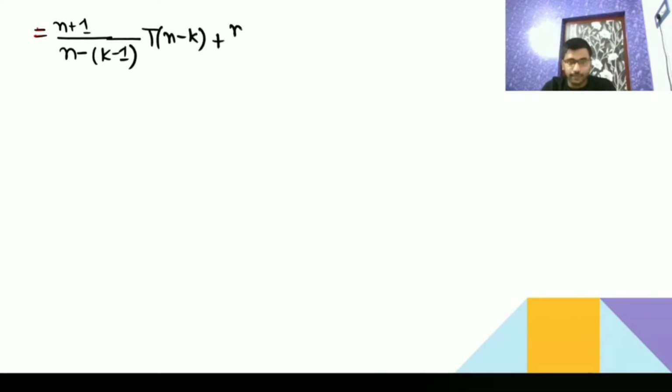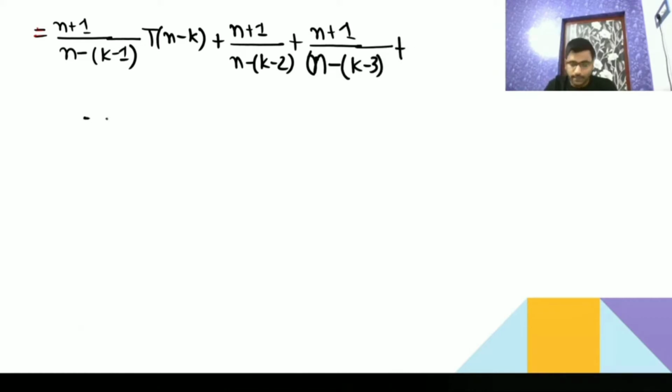Then it was having (n plus 1) by (n minus k minus 2). Then it was having (n plus 1) by (n minus k minus 3). It was going like this till (n plus 1) by (n minus 1) plus (n plus 1) by n minus 1 plus 1.